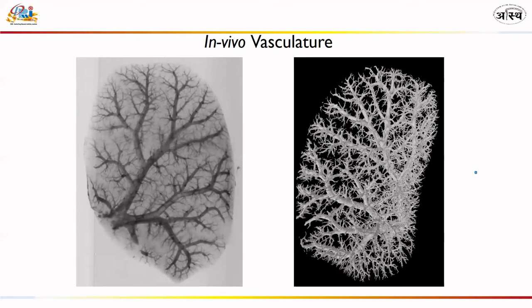Okay, and this is another latest attempt we are making, to study in vivo vasculature through microCT. In this case we injected the animals with barium sulfate, quite a high amount, close to 50% barium sulfate I think, and then the animals are fixed with formaldehyde, and then the organs are scanned with microCT.